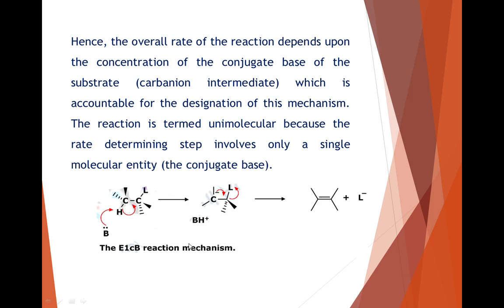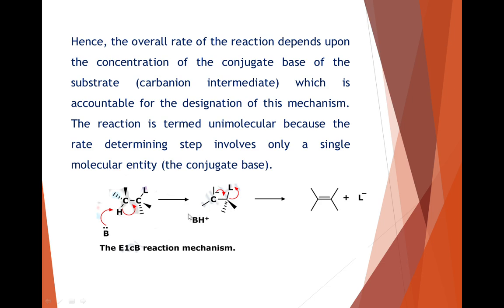Here on the screen you are seeing the mechanism of E1CB reaction. So the base abstracts a proton from the substrate. The bonded electron pair between the carbon and hydrogen goes to the carbon here, so that you will have a negative charge here.